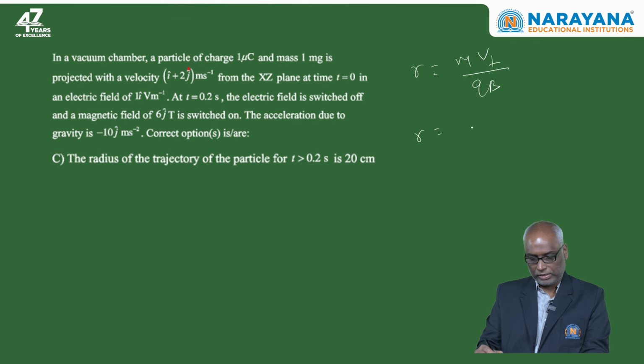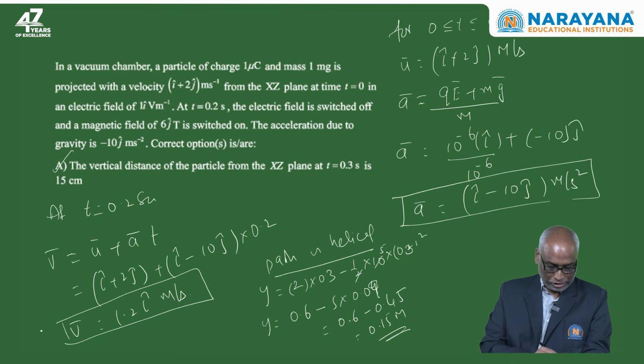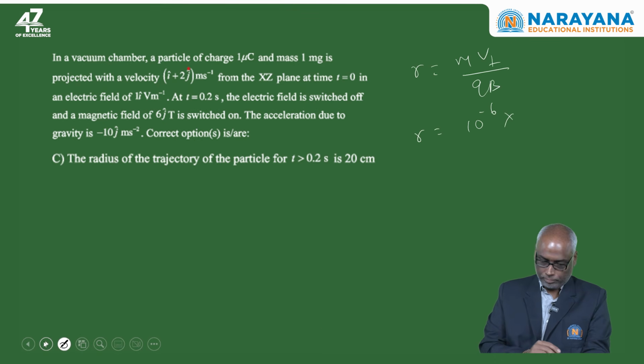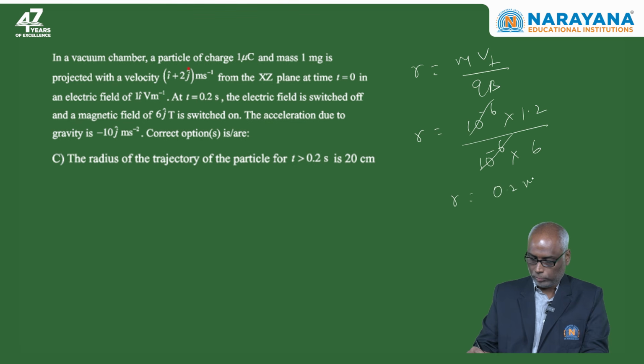R is equal to mass, given as 1 milligram, 10 to the power of minus 6. Velocity perpendicular at t equals 0.2 seconds, I have already calculated: we got the velocity as 1.2 meter per second. Charge is 1 micro, and the magnetic field is given as 6. So R becomes equal to 0.2 meters. This is the radius of the helix.